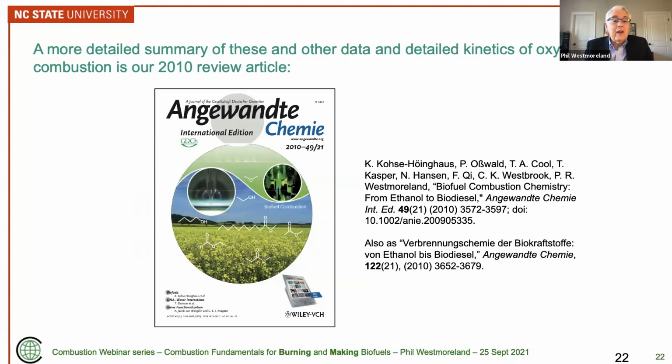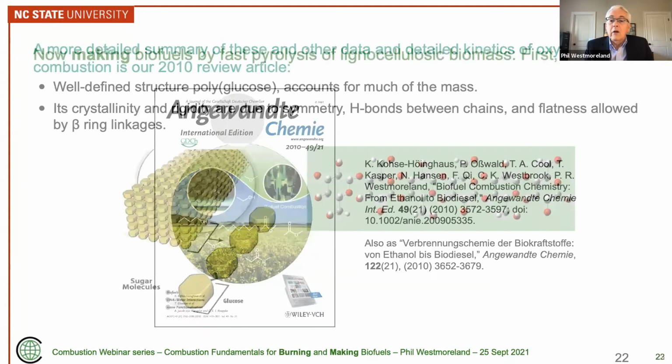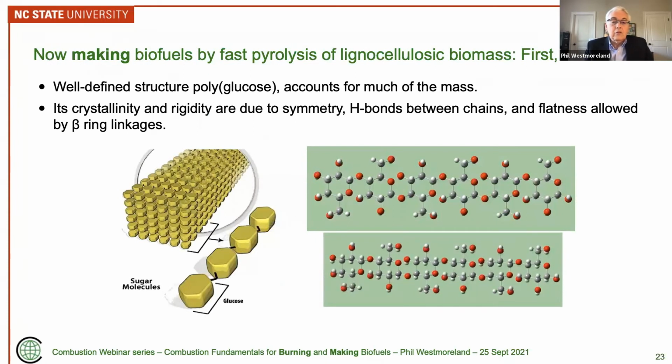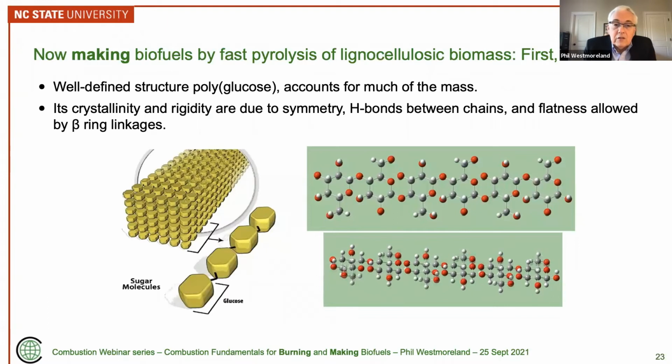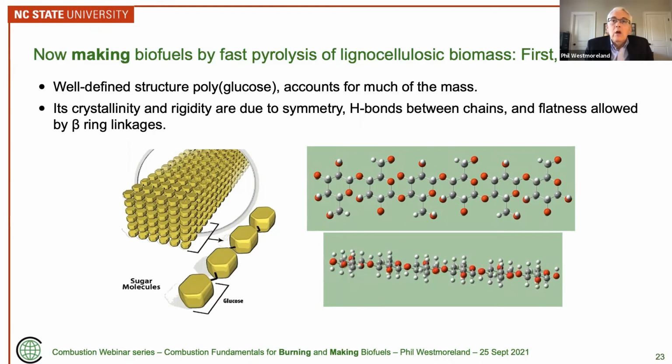Now I want to talk about how we get those biofuels, and take just a few slides to step through talking about how fast pyrolysis of woody biomass is of particular interest.